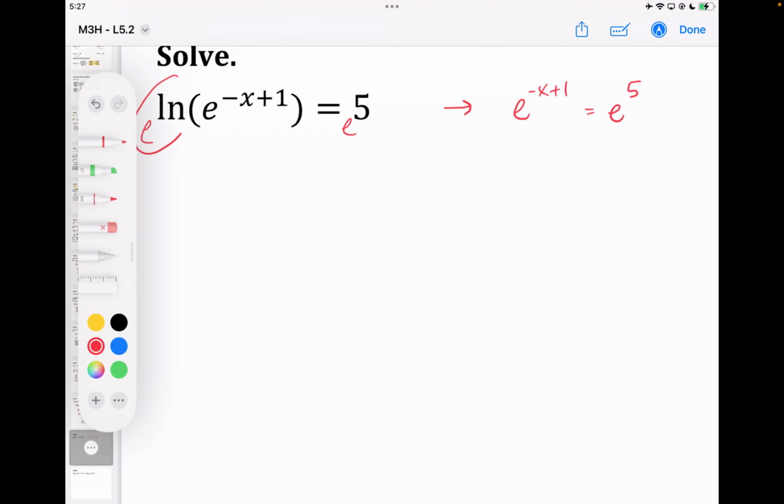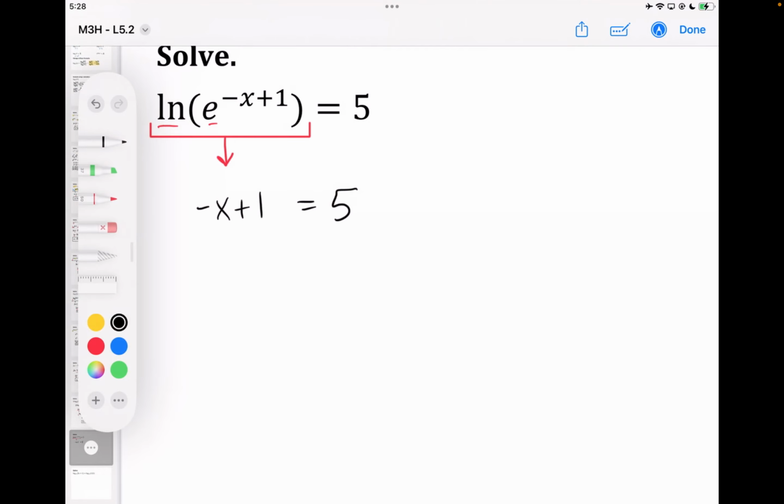The reason you would do e is because, remember, e and natural log are actually inverses of each other. But if you recognize that, you don't even have to do that step, because right here we've got an inverse already in the problem. So the natural log and the e undo each other, and you're left with just the exponent, which is negative x plus 1. And that should equal 5.